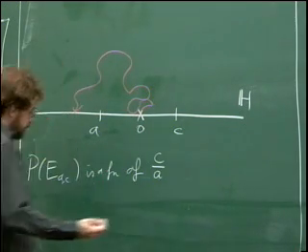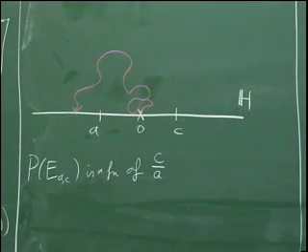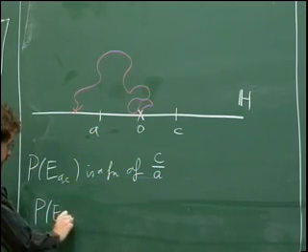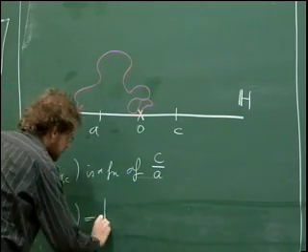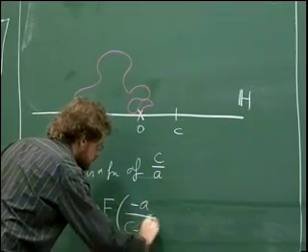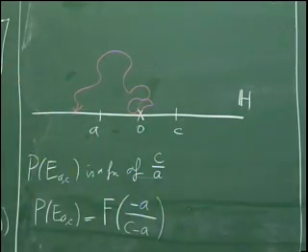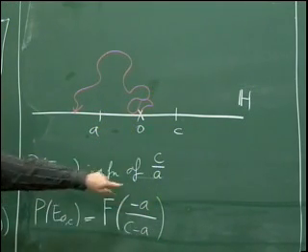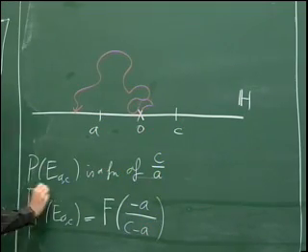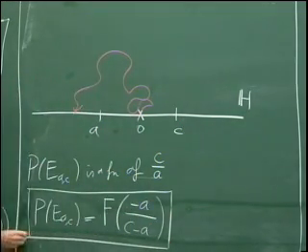And in fact, for practical reasons, it's better to write that P of EAC will be written as some function of minus A over C minus A. That's the same information as the ratio C over A. So there is a function f such that this is the case. And the question is how to compute f.